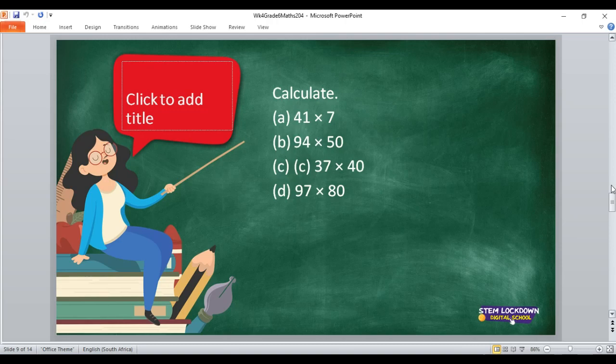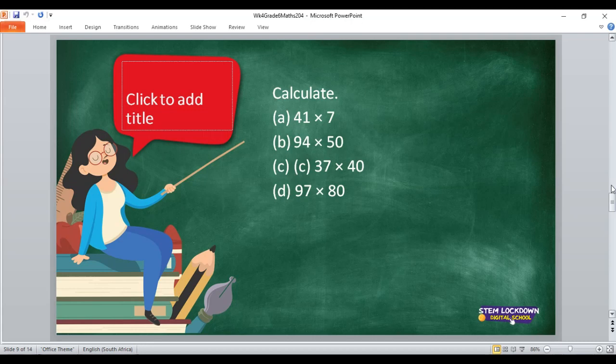And also same thing for C. I don't know why I have two C's there, but I do apologize for that. 37 multiplied by 40. So we will also break it down into value parts. 30 multiplied by 40 plus 7 multiplied by 40.